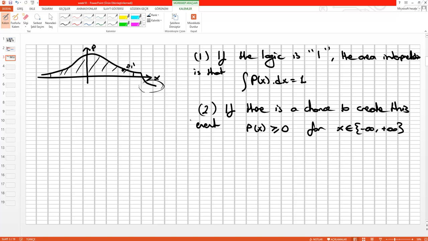Okay. So, these 2 forms basically generalize from the logic state to the probability form. This is 1 dimension, this is 2 dimension, right?